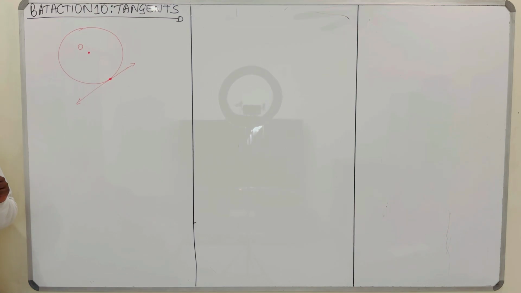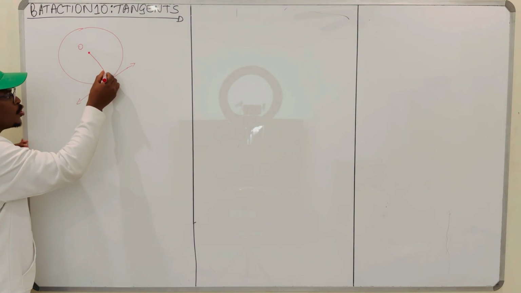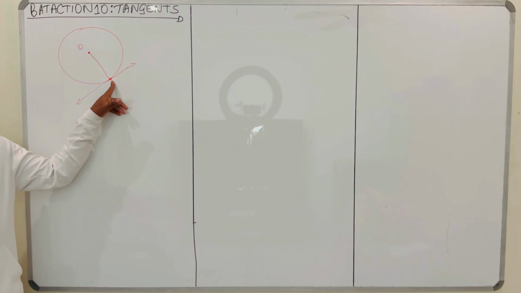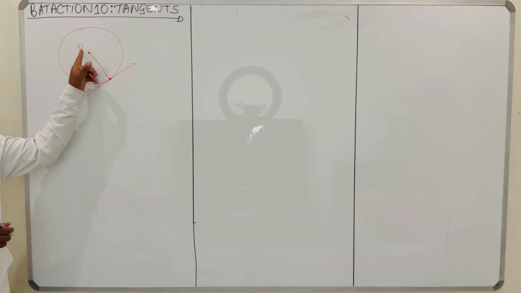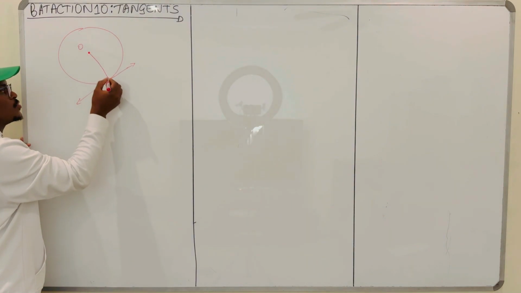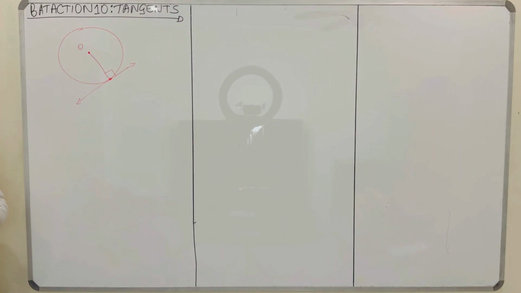One of the theorems that we will prove is that if you join this center to the point of contact between the tangent and the circle, which is that point over there, we say that line, which is your radius, because the line is from the center to the circumference, will be perpendicular to the tangent. So this is one of the theorems that we will prove in this session.